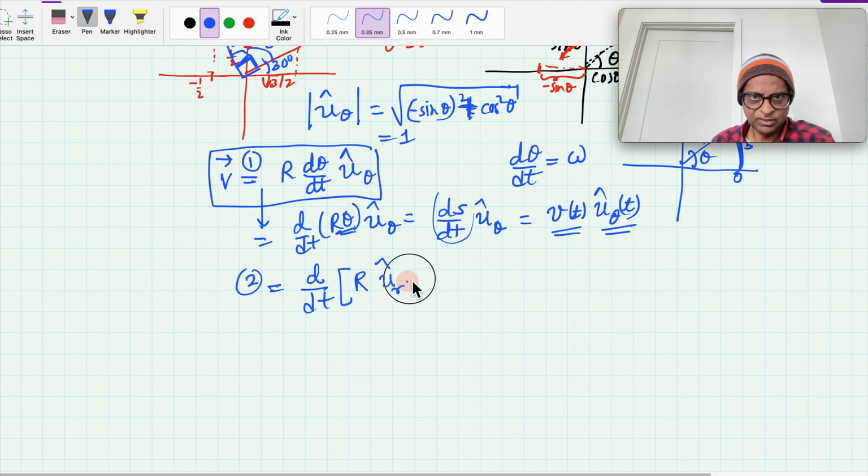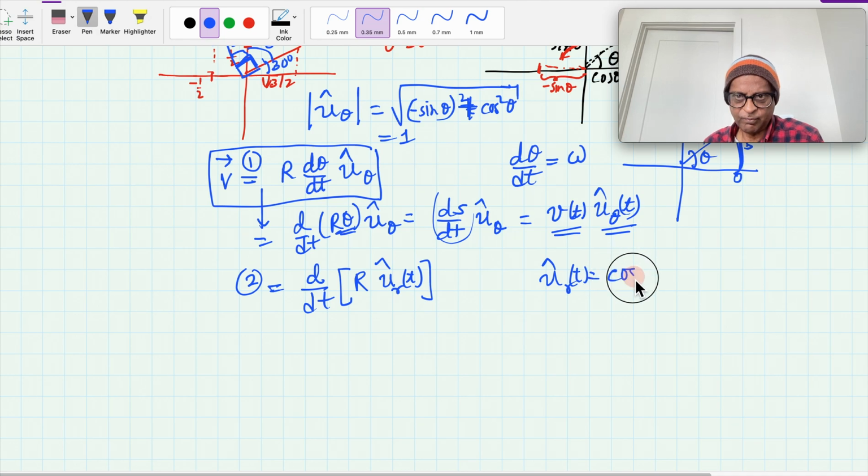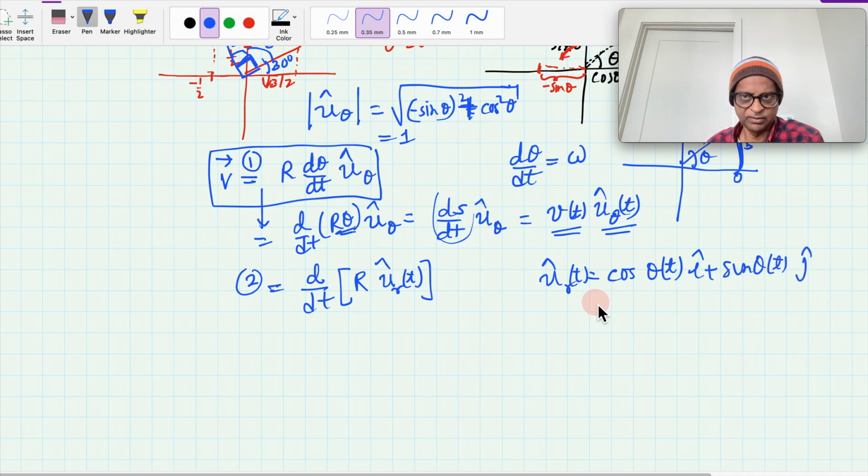This doesn't have t, but this has t. So let's look at what u hat of r was. This was cosine theta of t i hat plus sine theta of t times j hat.